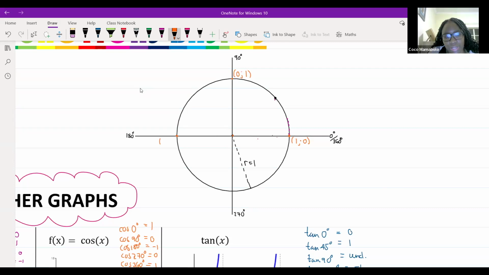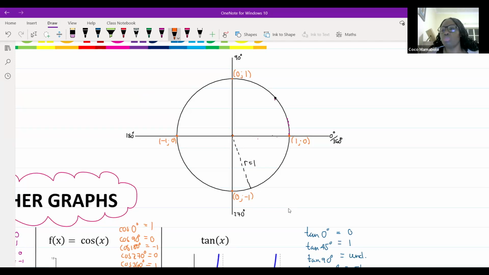What are the coordinates on that side? Remember which side you are on. Correct. My x value is going to be -1, and my y value will be 0. And down here, what would my values be? My x value is going to be 0, and my y value is -1.